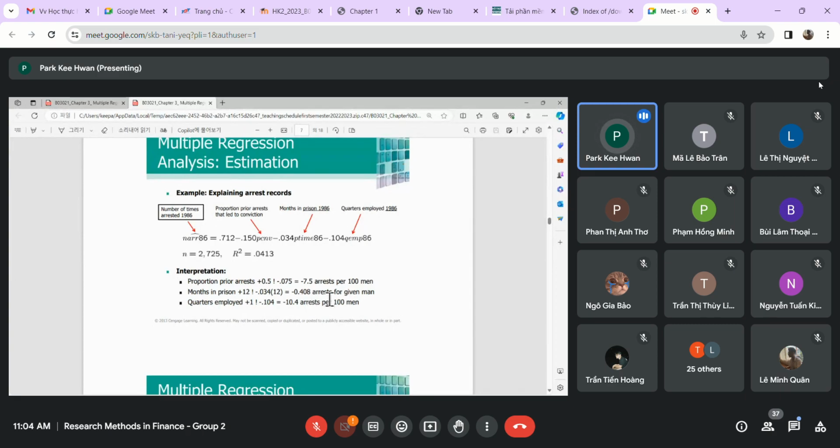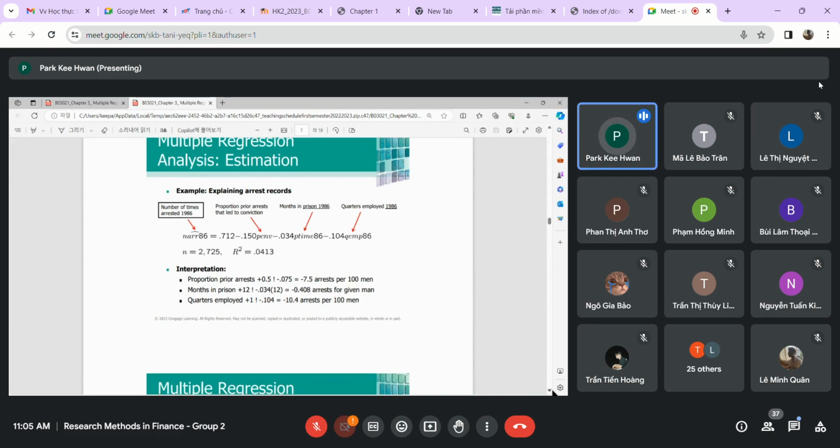So for a given man, a 12 months increase in prison will lead to a decrease in arrests by 0.408 for a given man. Okay, so that's how we interpret this one.